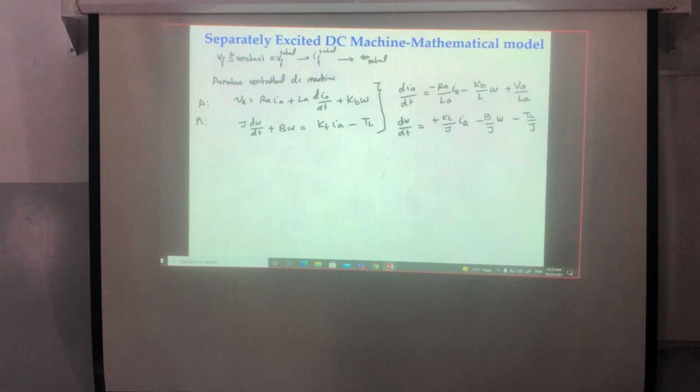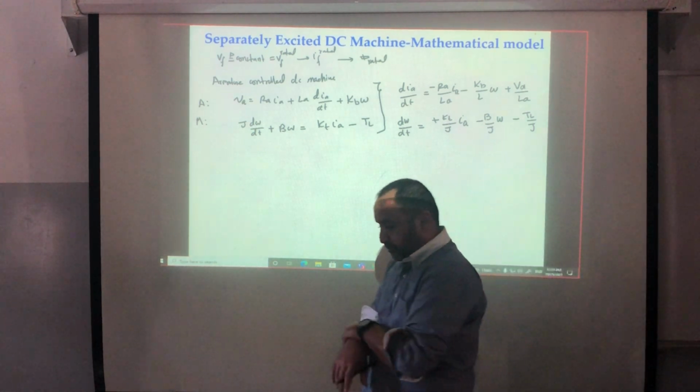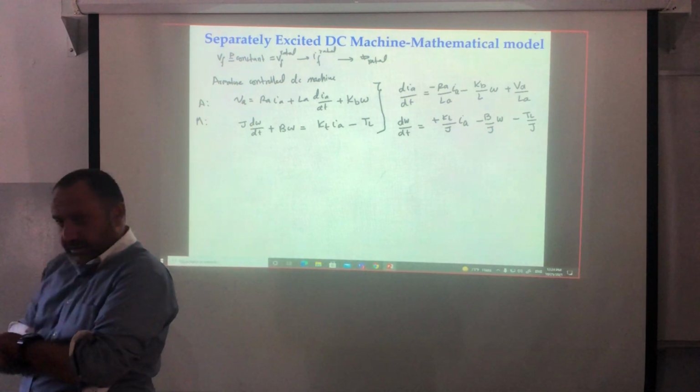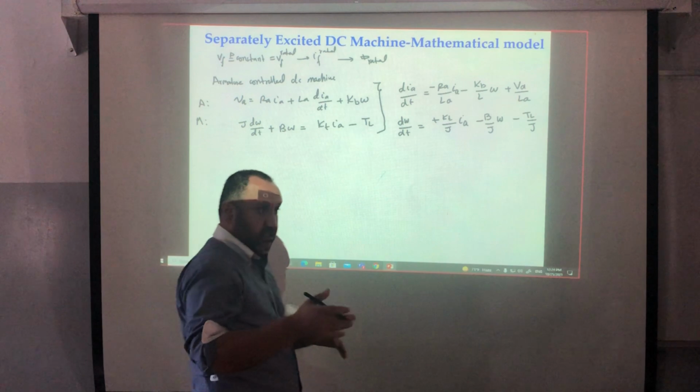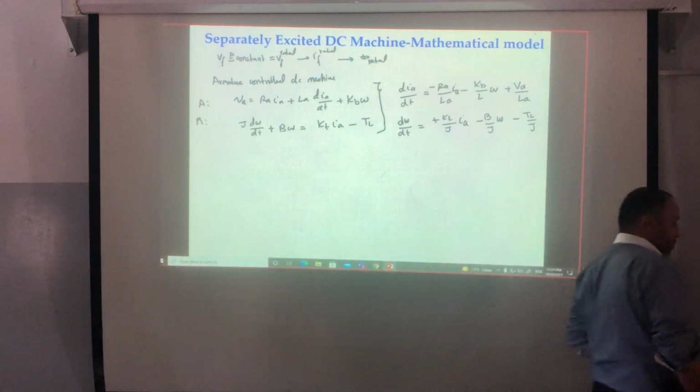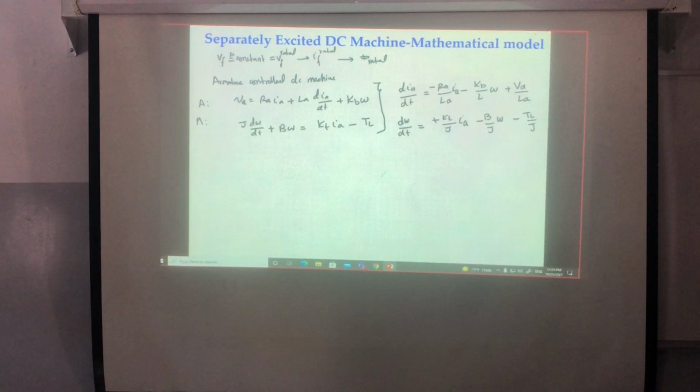Good. So you know that we prefer to write the equation in the form of matrices. So x dot is equal to Ax plus Bu. Let's put it in matrix form. So I will say that d by dt is an operator, and anything inside the operator will be differentiated.